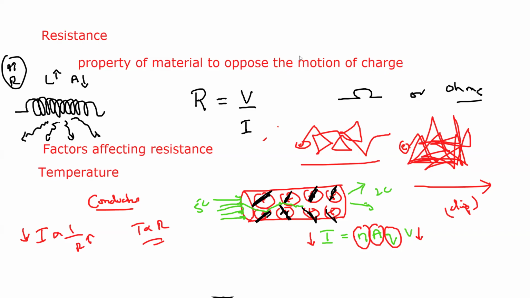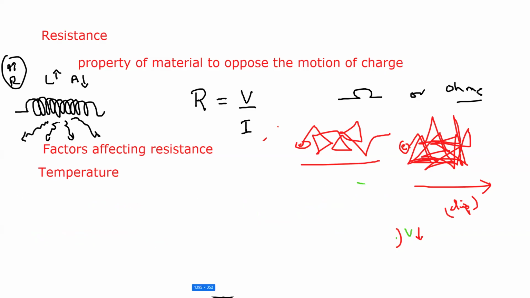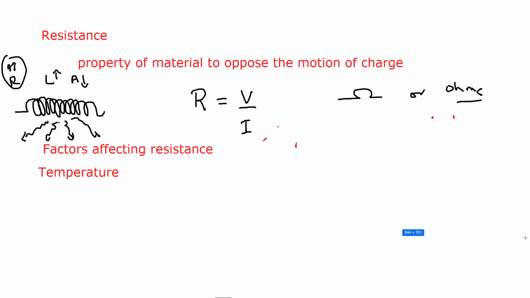Okay. The next is another type of material, which is semiconductors. What happens in the case of semiconductors? What is the effect of temperature on semiconductors, such as a light dependent resistor or thermistor specifically? The structure of a semiconductor is a bit different from the metal.